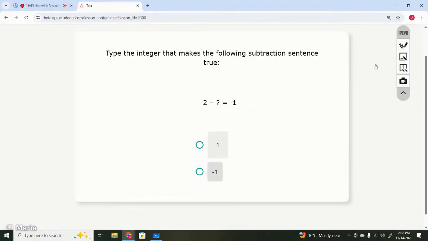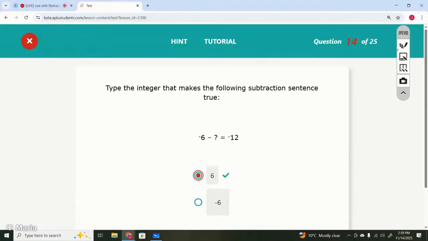Negative 2 minus negative 1 equals 1. Negative 6 minus the missing number equals negative 12. Negative 6 minus 6 is negative 12. Okay, you can complete the lesson by yourself later today.